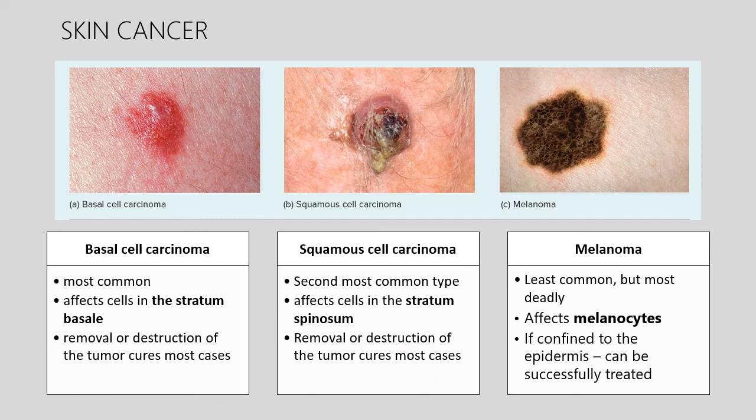The third type is your melanoma, which is the least common, but the most deadly. It affects your melanocytes. Because they arise from melanocytes, most melanomas appear black or brown, since the melanin is the reason for the pigmentation of the skin.